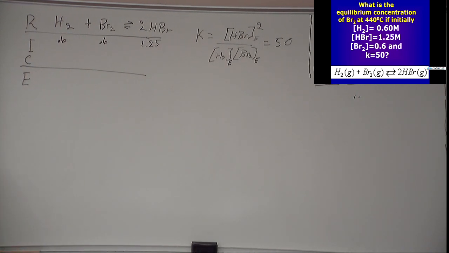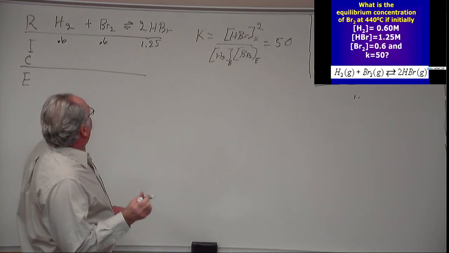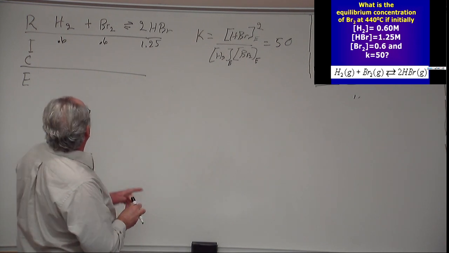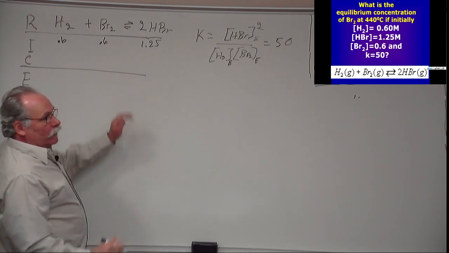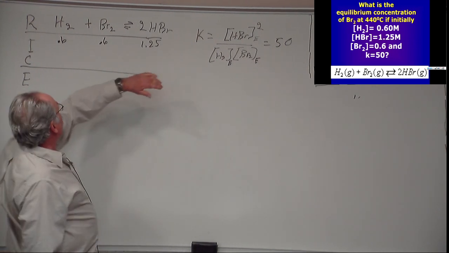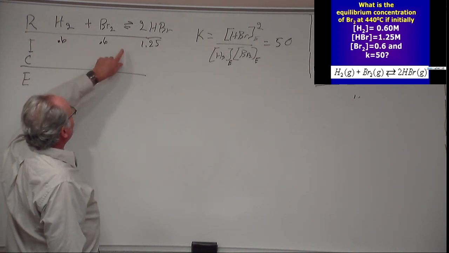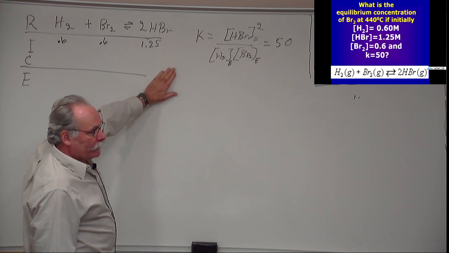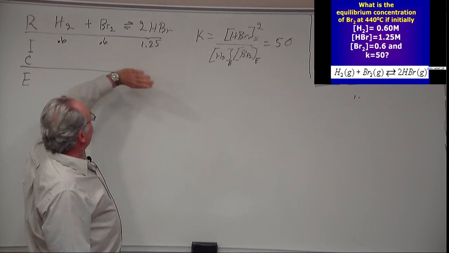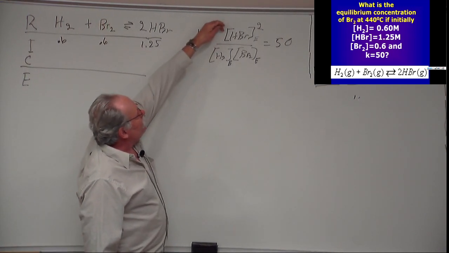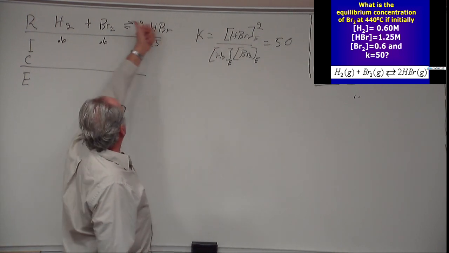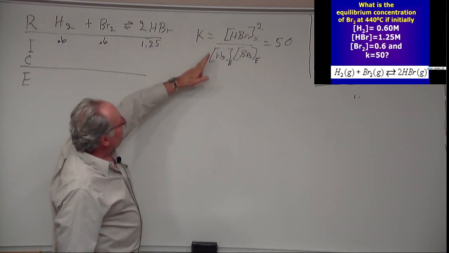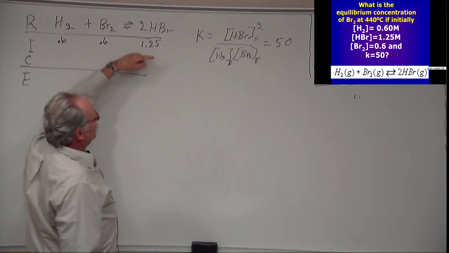Now, this is the initial conditions, and if the question was, do we make products, HBr, or do we make reactants, we would stick these values into this and ask ourselves, is it less than, equal to, or greater than 50? If it equals 50, nothing happens. If it's greater than 50, it goes in this direction, making reactants, and if it's less than 50, it goes in this direction, making products.